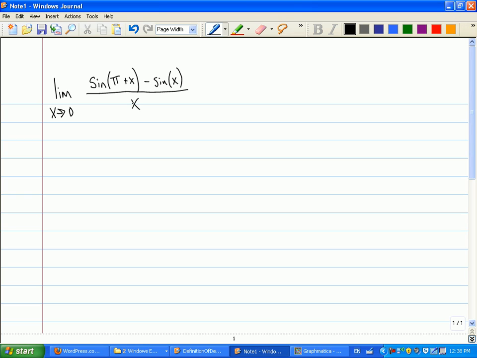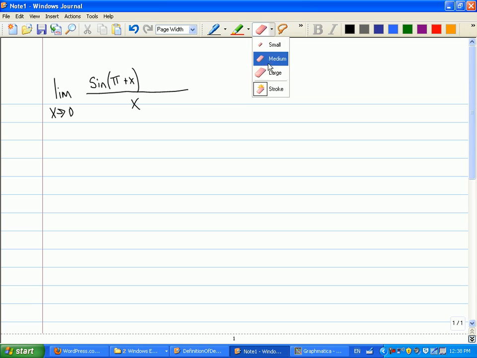So you might see something like this, and it's been a while since you've done it, but if you recognize what's happening here, this is the definition of derivative.